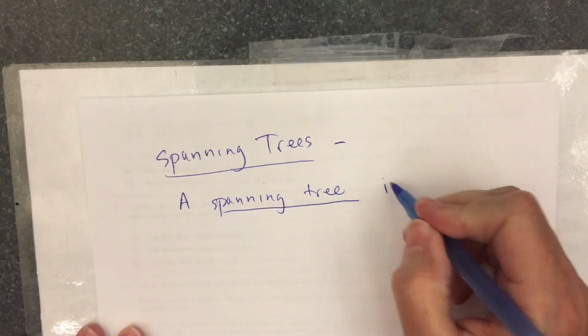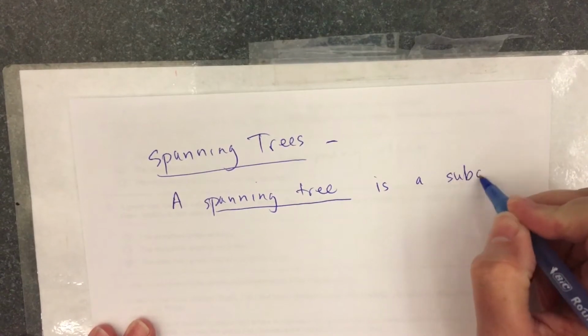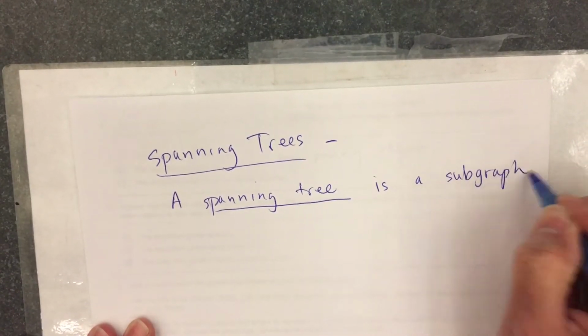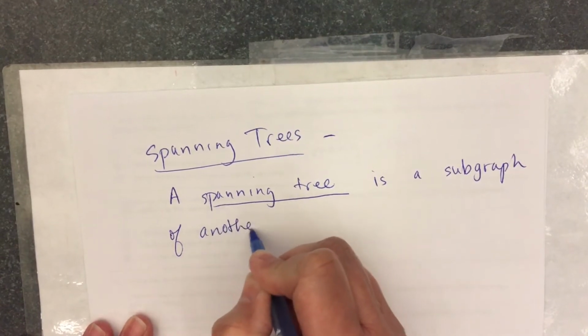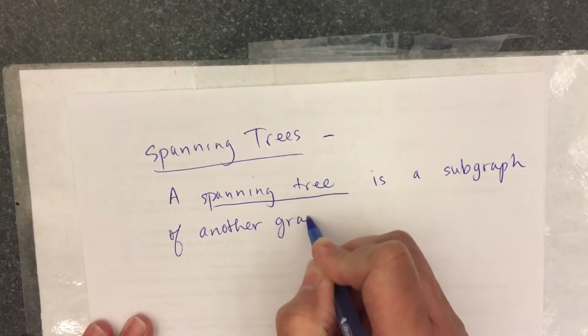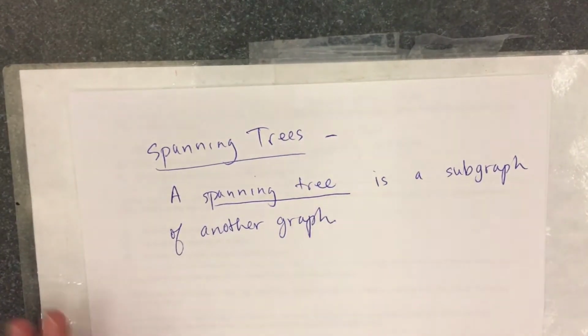A spanning tree is a subgraph of another graph. So this other graph could have circuits. It should be connected, but it's not likely a tree.